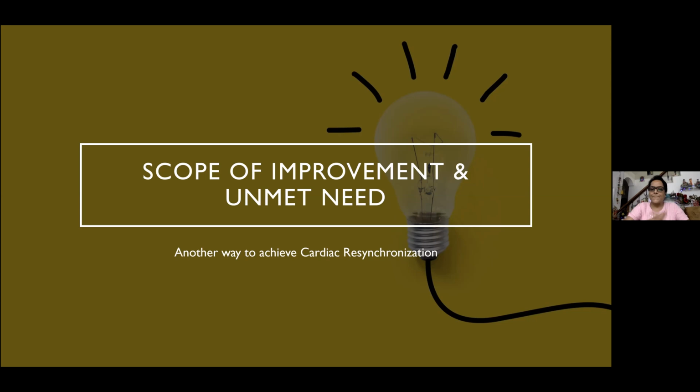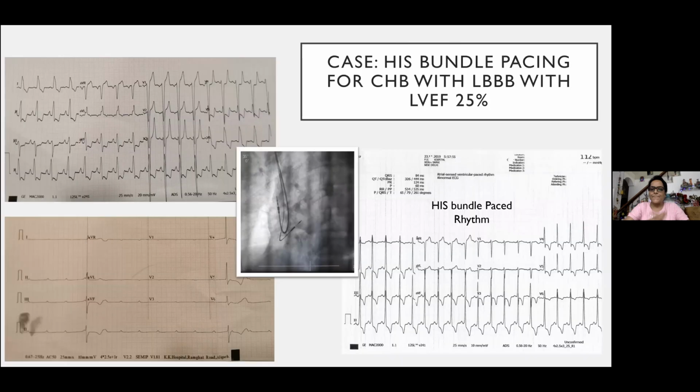A similar case was shown by Dr. Ullas, again a case of his bundle CRT. So I am presenting a few cases of left bundle CRT and how I have utilized CRT to optimize the left bundle. This is the traditional his bundle CRT that we do: 25% EF, LBBB. We just do a his bundle; we don't need another lead.